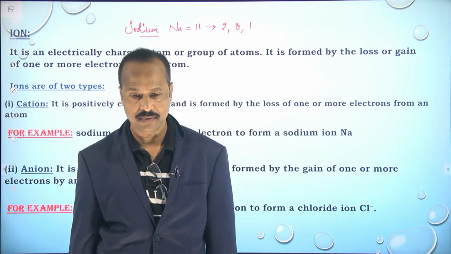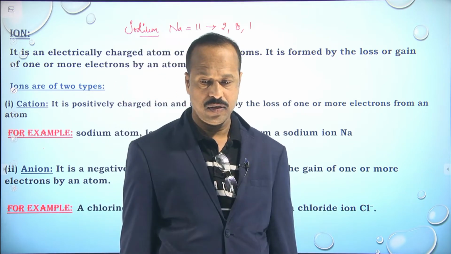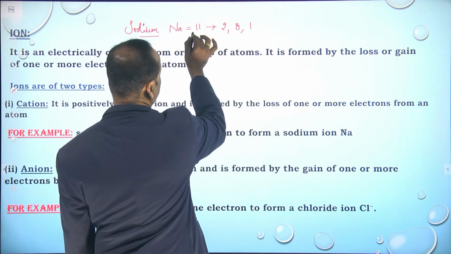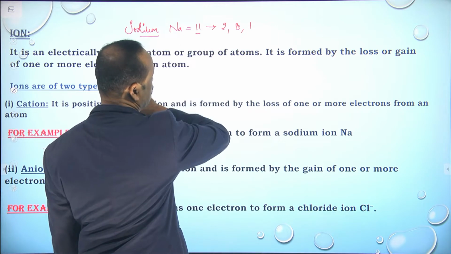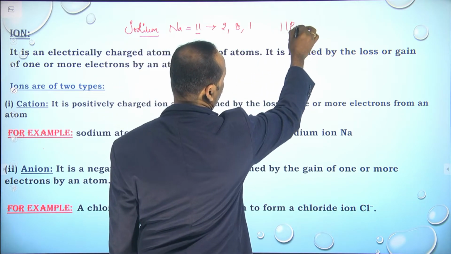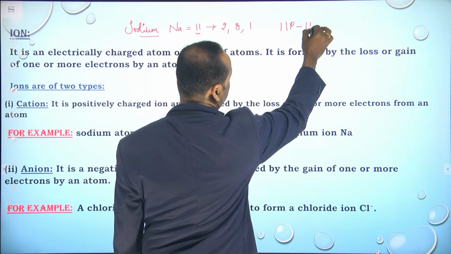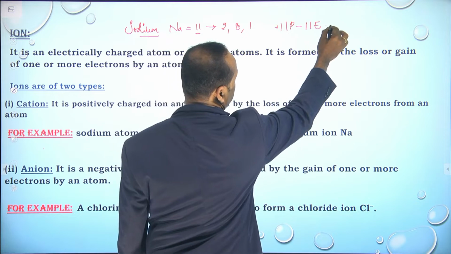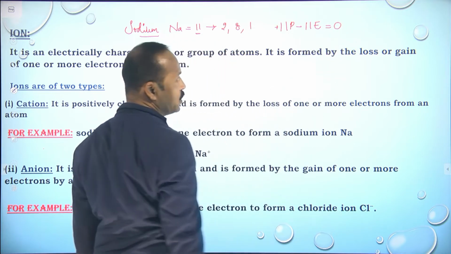Akash, are you there? Okay. So here the atomic number of sodium is 11, meaning sodium consists of 11 protons and 11 electrons. So plus 11 minus 11, the net charge is 0.